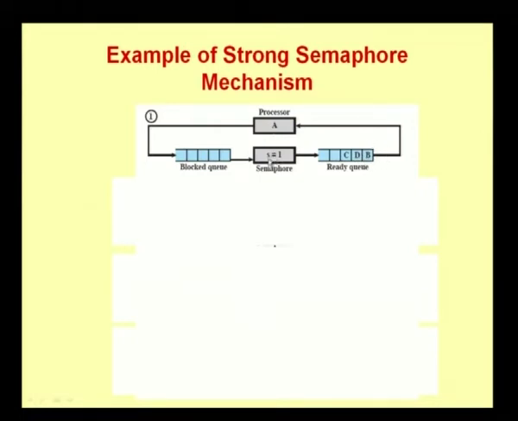Now the semaphore s equal to 1, wherein A is put on the processor, so it gets processed and it uses the output produced by D.